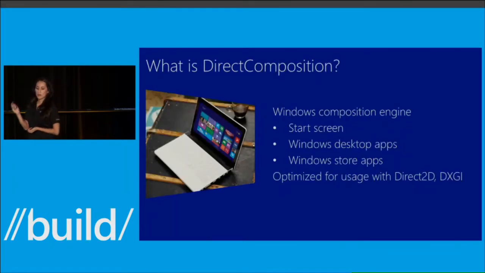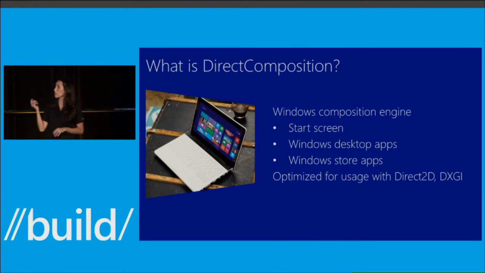So let's talk about what's Direct Composition. But first, let's talk about composition in general. Composition as an engine is what gets those pixels, the content that you render, on the screen. So any content that you have, any shapes that you have rendered with any technology, they hit the glass because of the composition engine. But as an API, it provides a level of orchestration via different features and different properties to show such content on the screen.